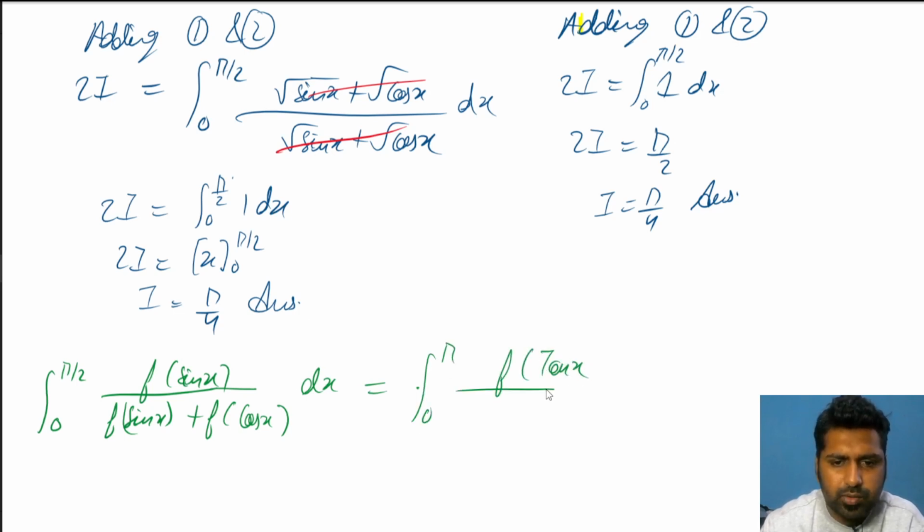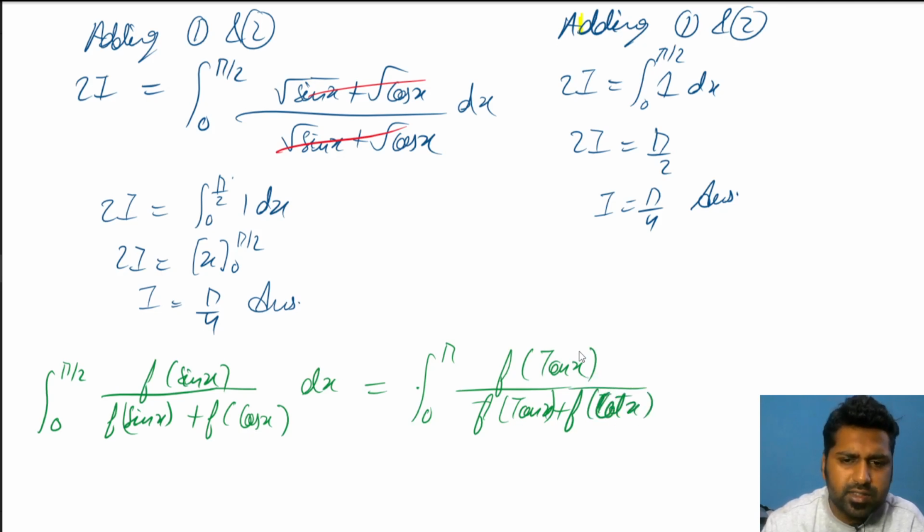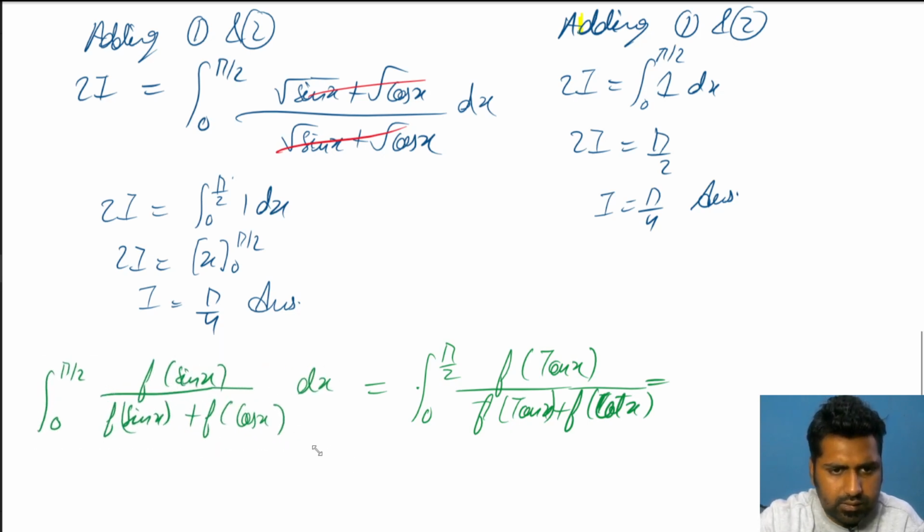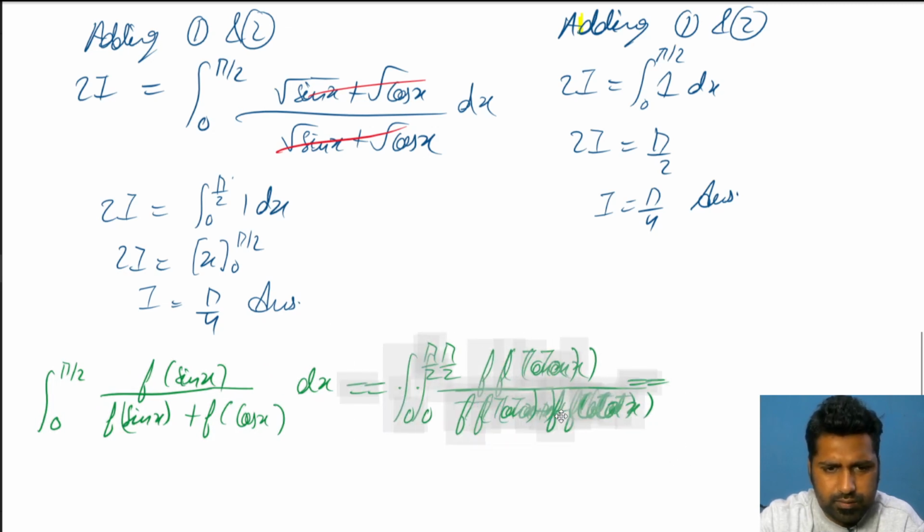Suppose tan x upon the same function of tan x plus the same function of cot x. What is the meaning of function? If square root tan x is present in the numerator, then root tan x, root cot x. If power 3 by 2 is present, the same power 3 by 2, 3 by 2. If cube is present, then cube, 0 to pi by 2. And the same thing works with your sec and cosec also.